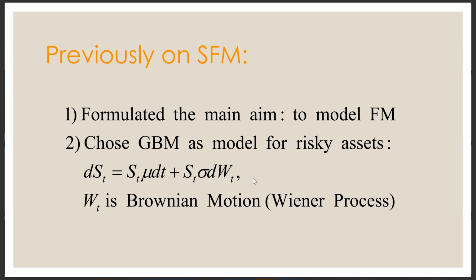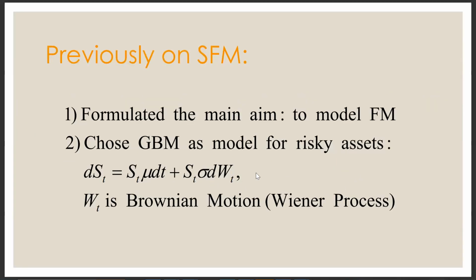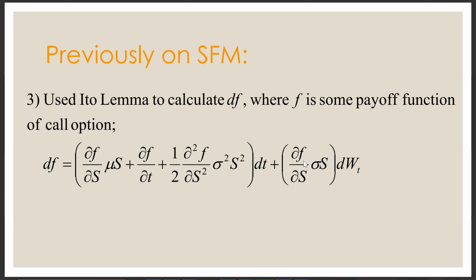So we started to think how we can get rid of it, so that it will be riskless. And it's easy to conclude that we need to find the linear combination of this and this. For example, multiply this by this coefficient and subtract this, and the result will be without dW_t.